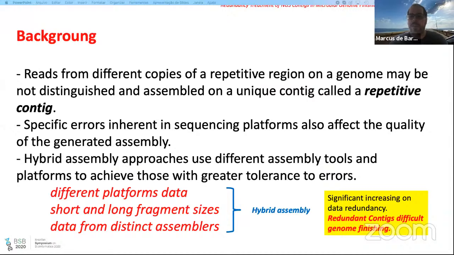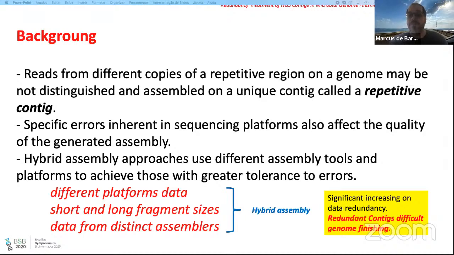Specific errors inherent in sequencing platforms also affect the quality of the generated assembly. This leads us to consider using different assembly tools, giving preference to those that have greater tolerance to errors observed in the platform of interest.